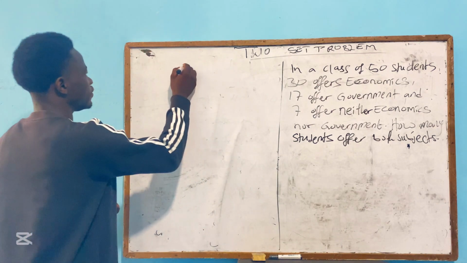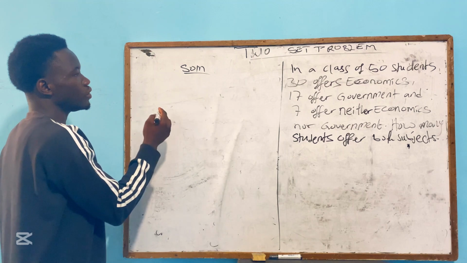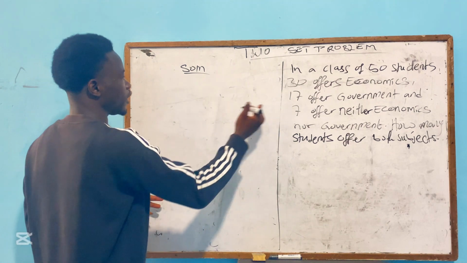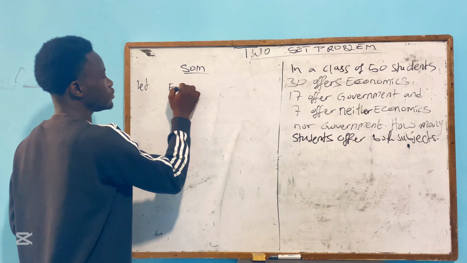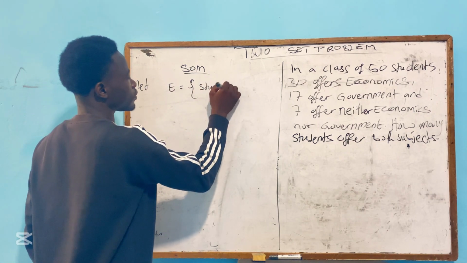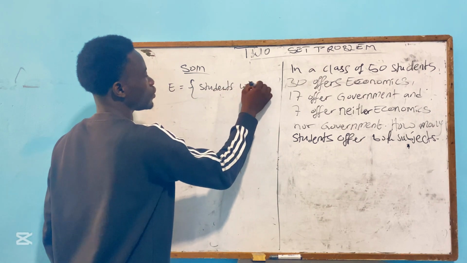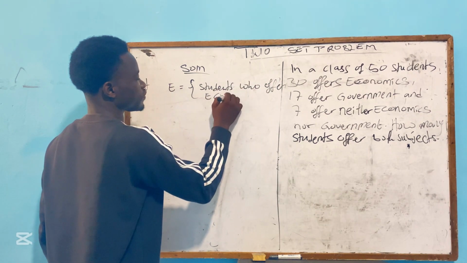So this is my solution. I will first have to define my terms. Let E equal the set of students who offer economics.